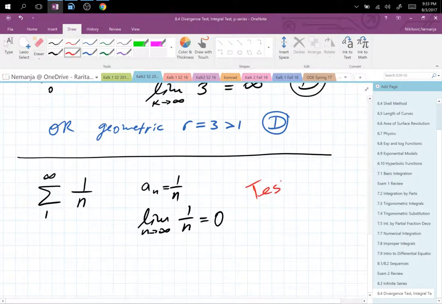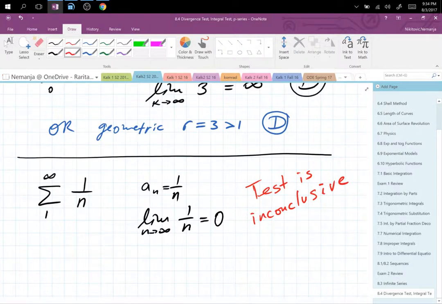So the test is inconclusive. You got 0. Do not claim convergence using the divergence test. That's like telling someone that they're fat because they're skinny. It makes no sense.